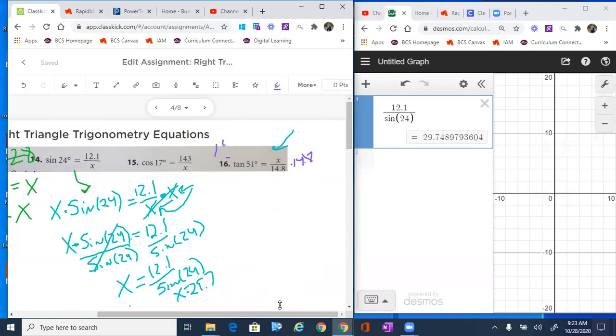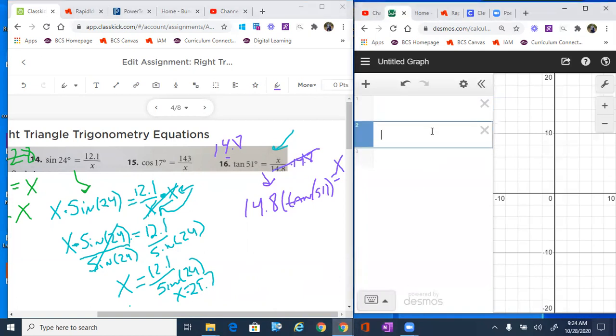So 14.8 tangent of 51 equals x, because the 14.8 and the 14.8 cancel. Once again, we come back over to Desmos and type in 14.8 times tangent of 51. It gives us 18.276, or 18.3. Let's go with x equals 18.3.